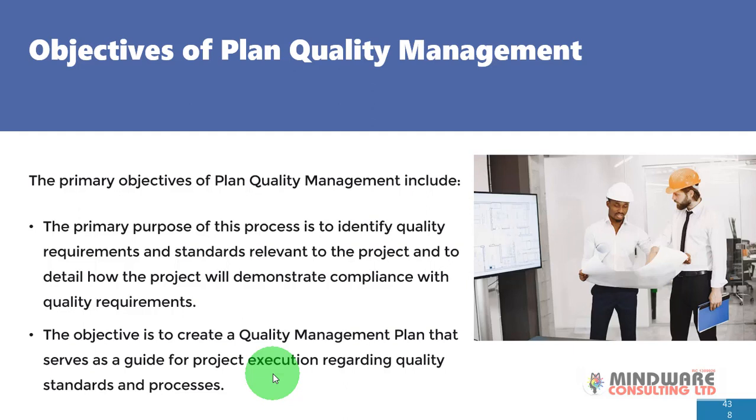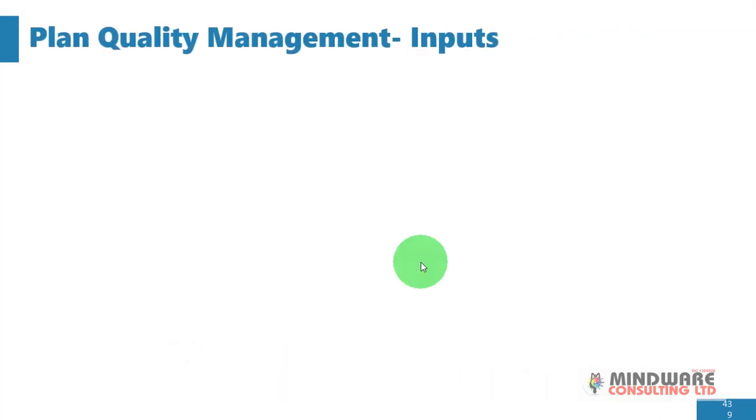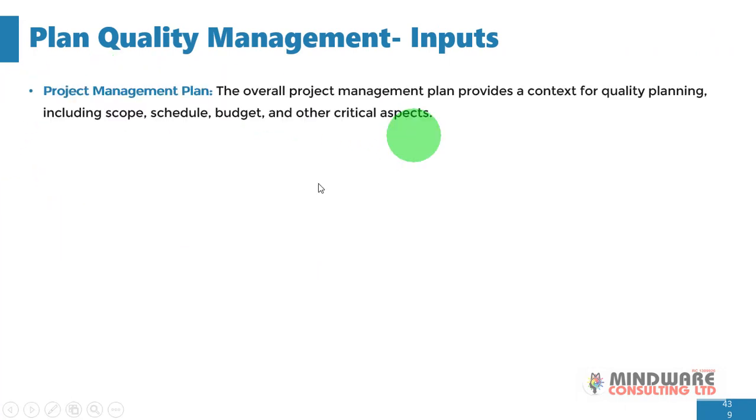So these are the objectives. Now let's look at the inputs of this process. What are the inputs in this plan quality management sub process?